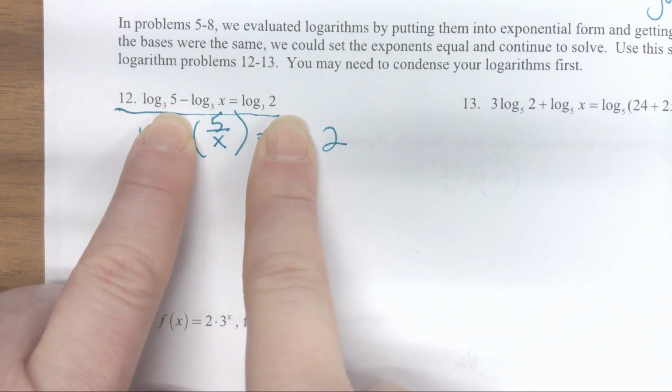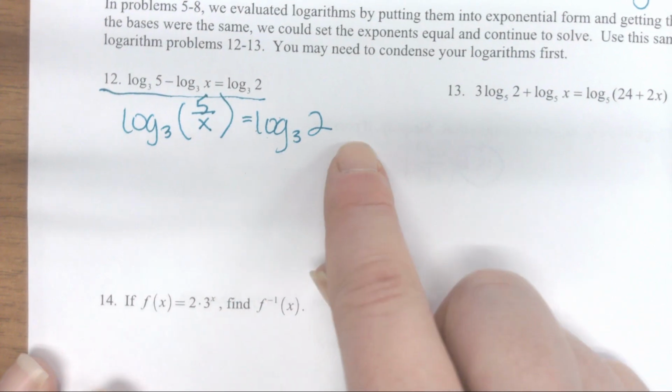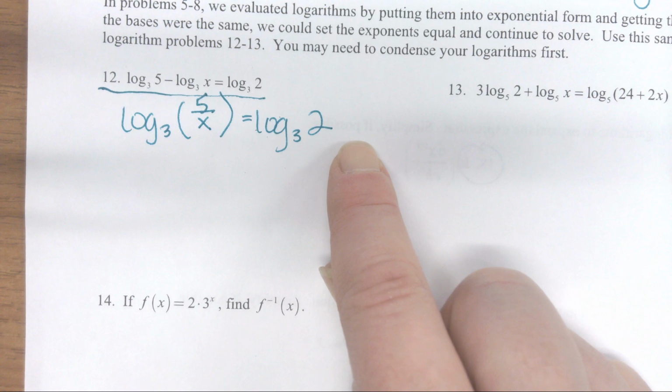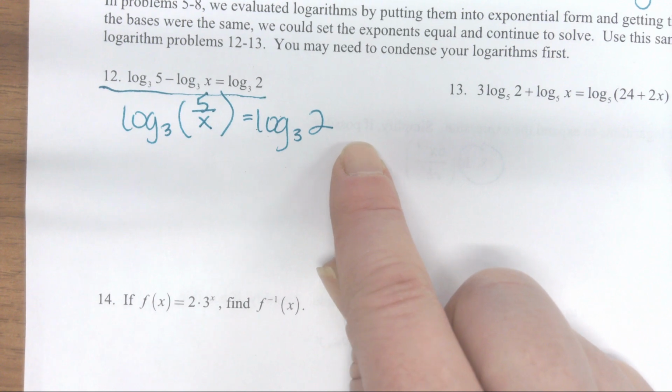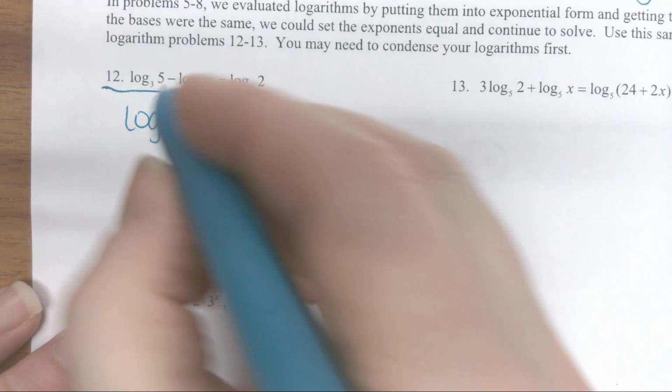Some teachers will also say you could write 3 to the log base 3 of 2 and cancel out the 3 to the log base 3. But I'm just going to use the idea, common sense, log same base, we're going to solve these.